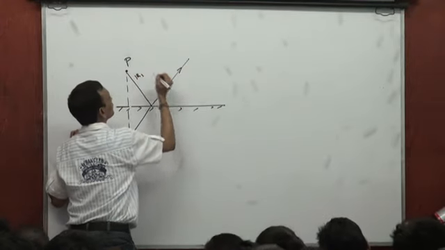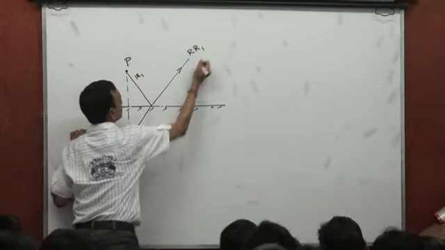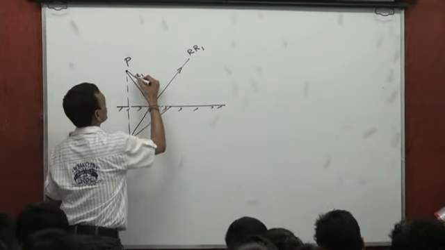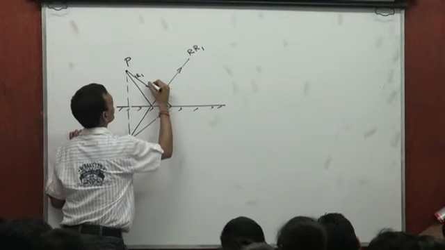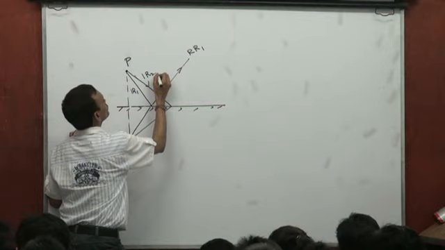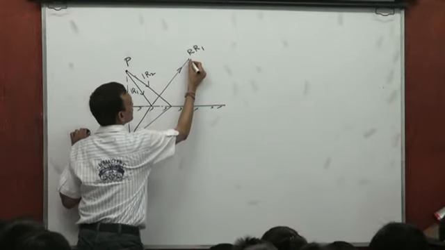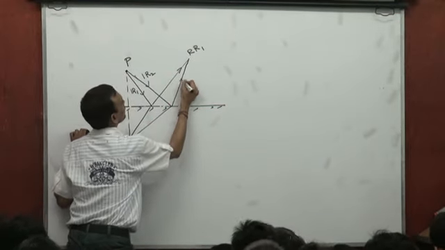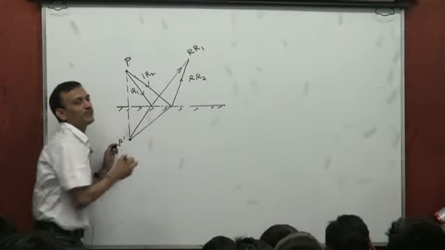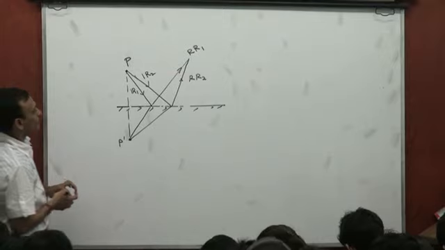Incident ray 1, reflected ray 1. This was incident ray 2 and reflected ray 2, right? Any two incident rays and the corresponding reflected rays would come together.